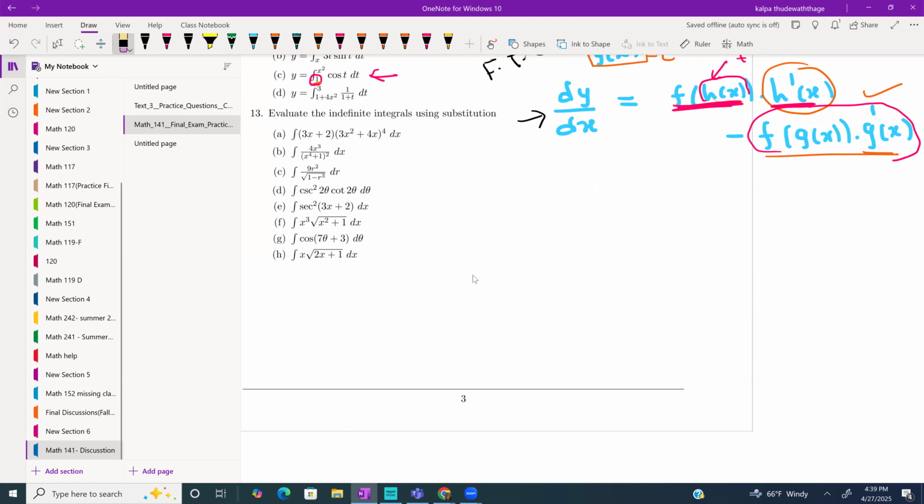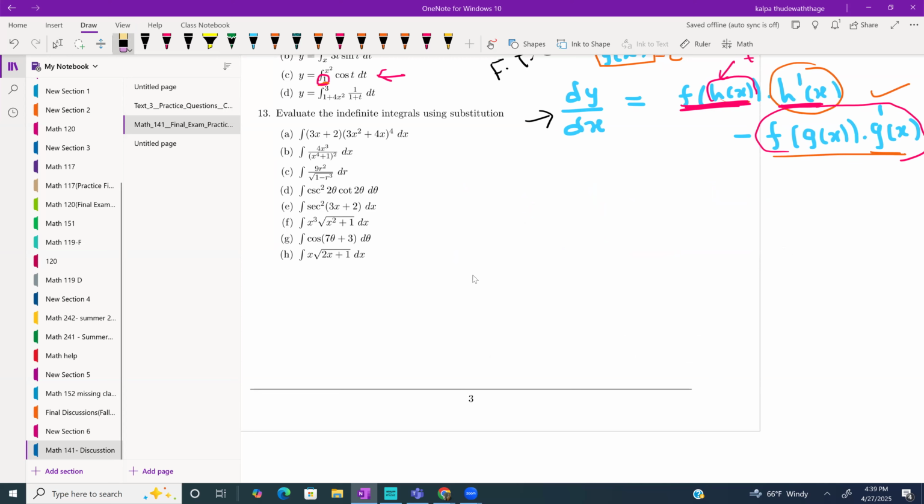All right. You have to use mainly substitutions. Okay. Actually, this is not hard if you go step by step. So I'm going to explain part A. So always think about substitution, that the derivative will give you the other part.